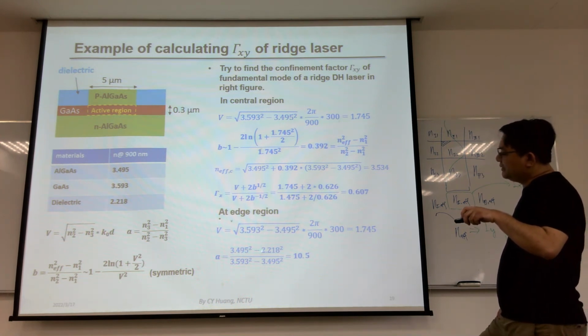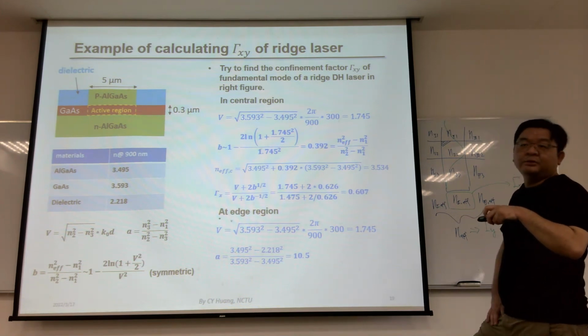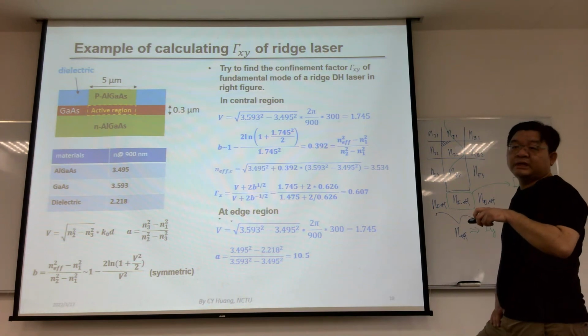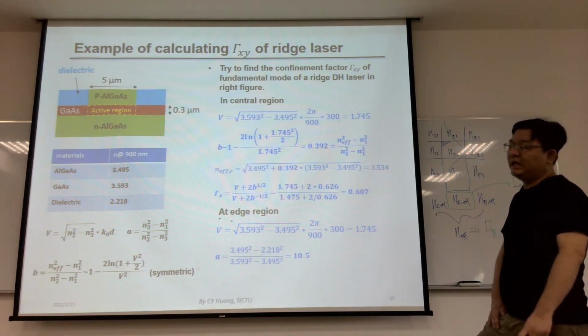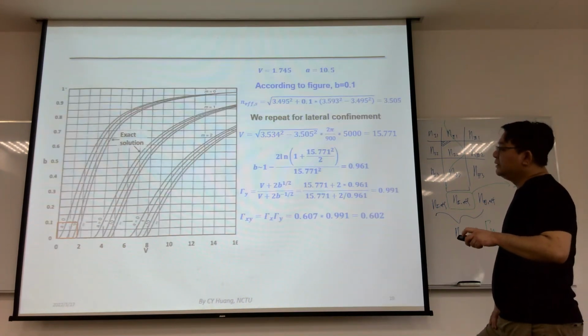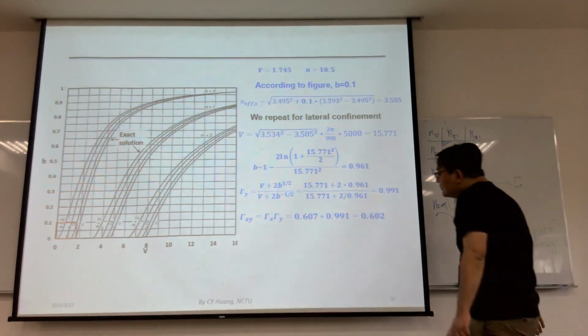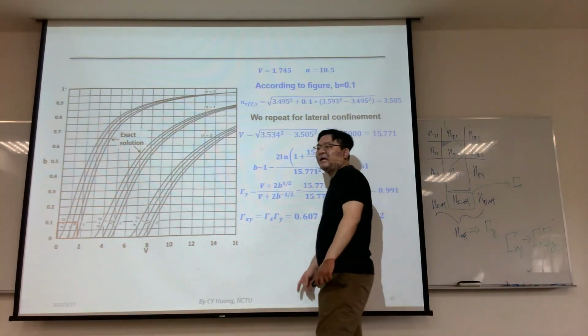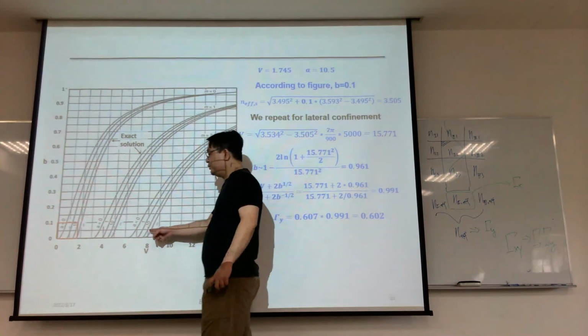3.497 squared divided by 2.218 squared, divided into the smaller difference. Okay, the result is around 10. I intentionally made the number around 10.